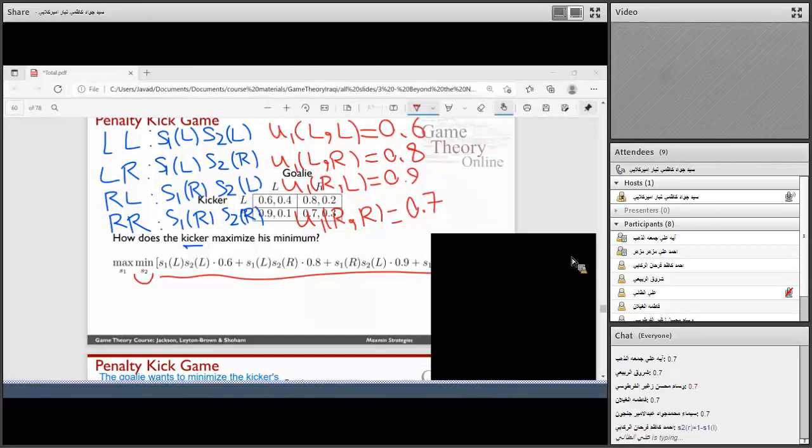MashaAllah, Ahmad Kadhim. Well, I'll take it back. It's S2 of R equals 1 minus S2 of L. The probability is only for the same user, yes.